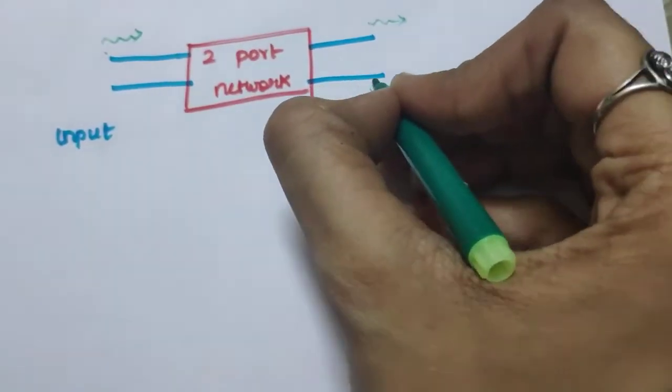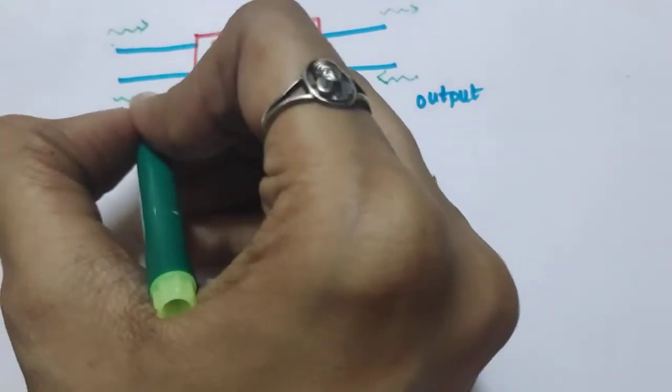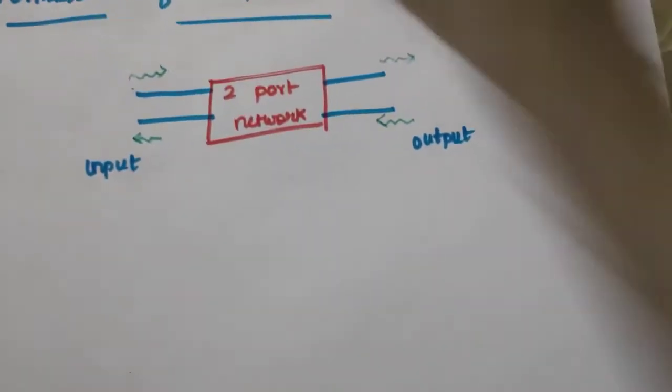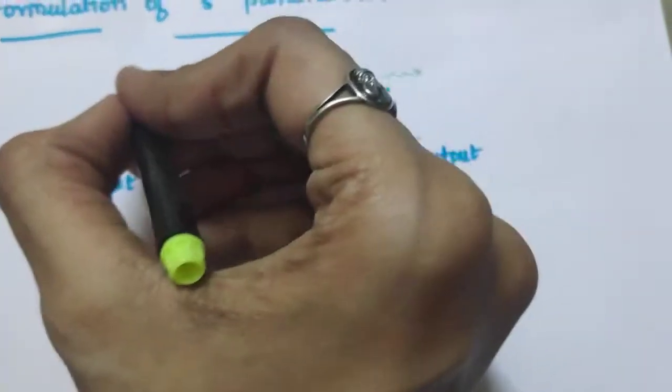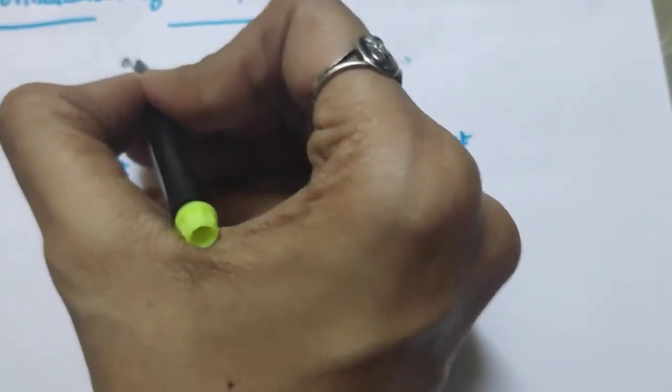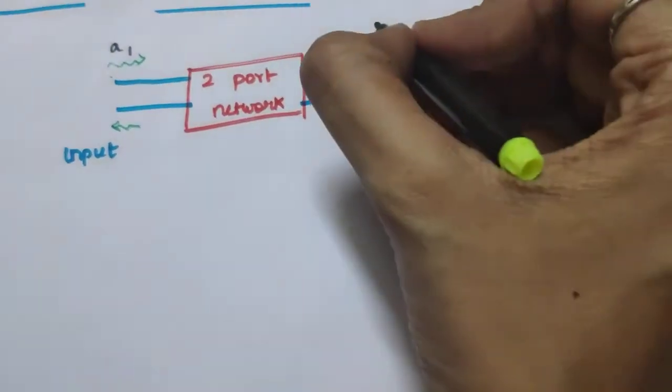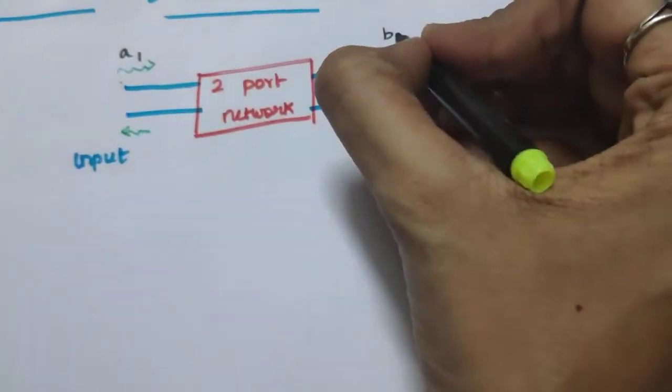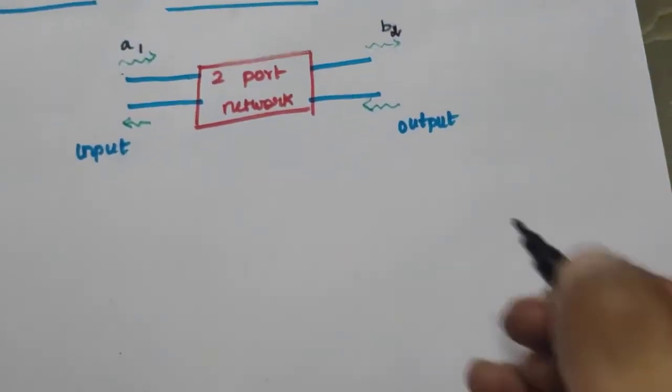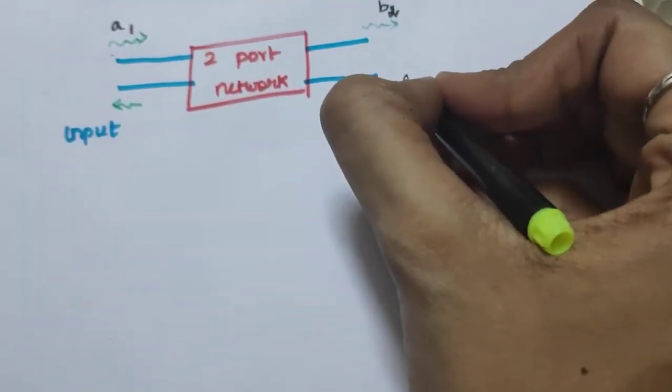Similarly, there will be an incoming wave and an outgoing wave at the other port. We will name these waves. Let the incoming wave here be named A1. Let the outgoing wave here, at the second port, be B2. At port 2, let the incoming wave be A2 and let this outgoing wave be B1.